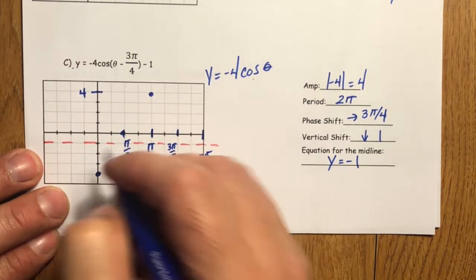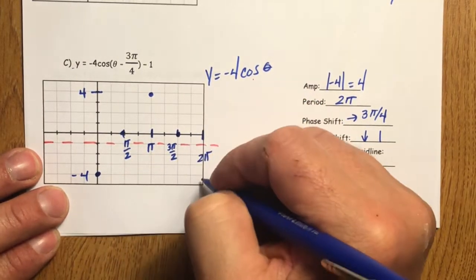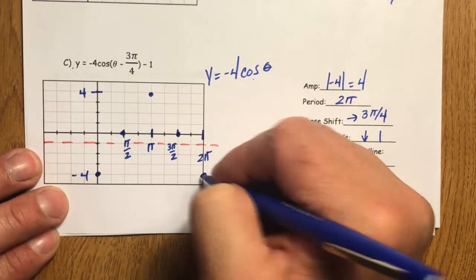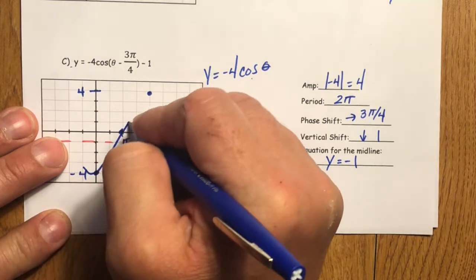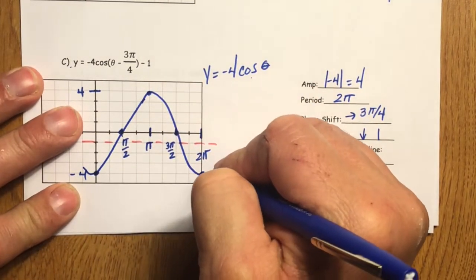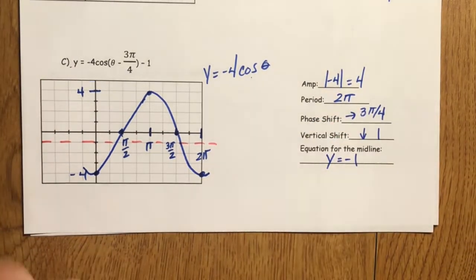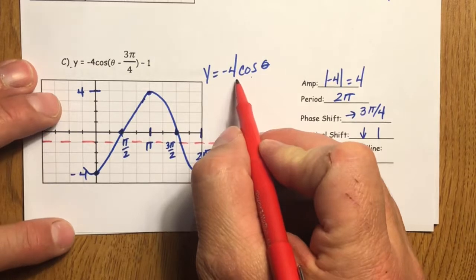This is at -4, and then back to 0, and then back to the minimum. Now remember, that's not my final answer. All I did was graph the parent.